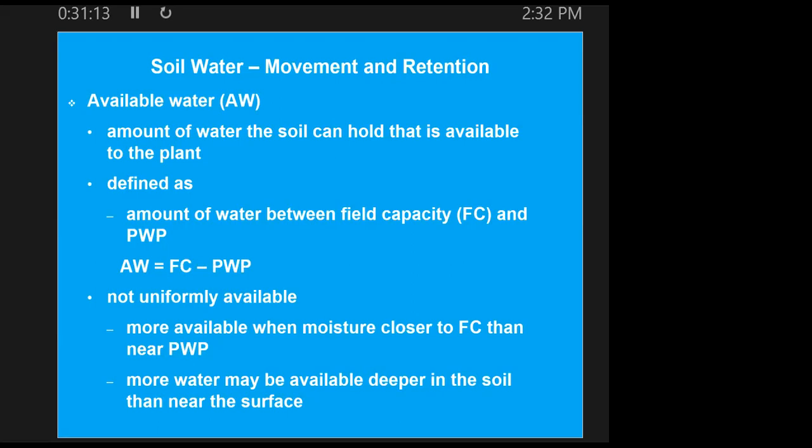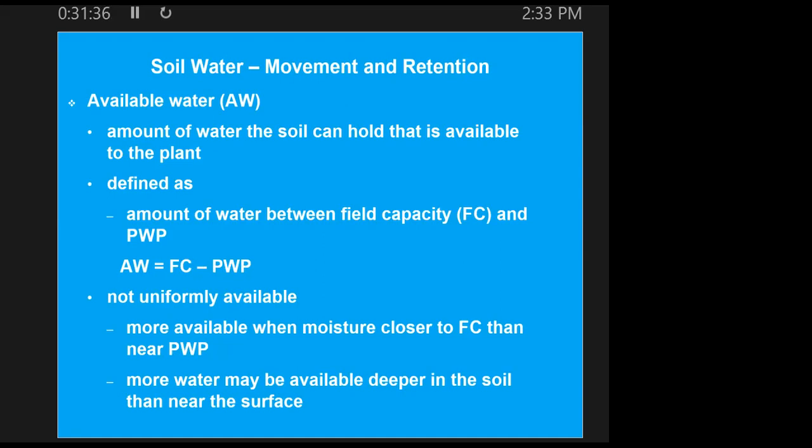And so again, when they say not uniformly available, that's also referencing that different plants will experience different available water because of root systems. So if they're a shallow rooted plant, after gravity drains the surface water, they're kind of out of luck.